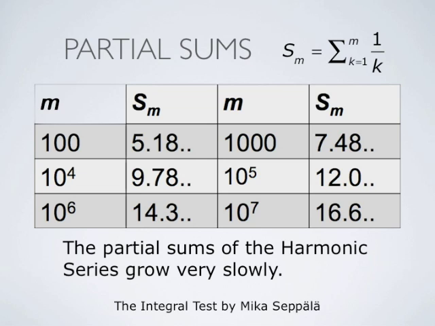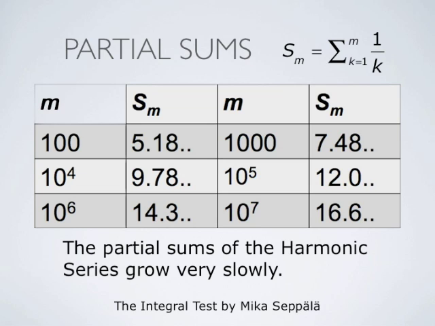The sum of the first 100 terms is 5.18 and so forth. The sum of the first 1000 terms is 7.48 and so forth. The sum of the first 10,000 terms is still a little bit less than 10. The sum of the first 100,000 terms is a little bit over 12.